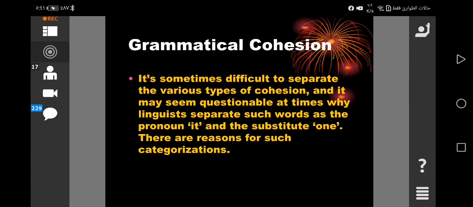But why should we do this if we believe that sometimes separating these pronouns, omissions, deletions, references, substitution, is very difficult to do? Why should we do that?